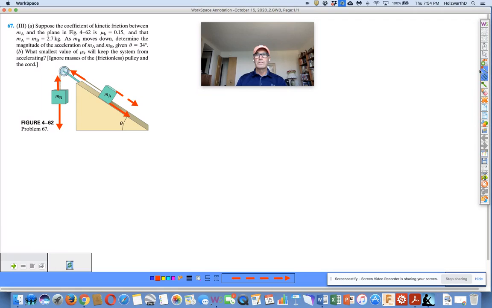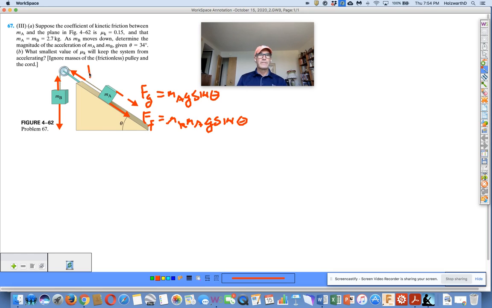All right, so let's label those forces. This is Fg sub A, and that's equal to m sub A g sine theta. The friction force, F sub f, is equal to mu k m sub A g cosine theta. Okay.